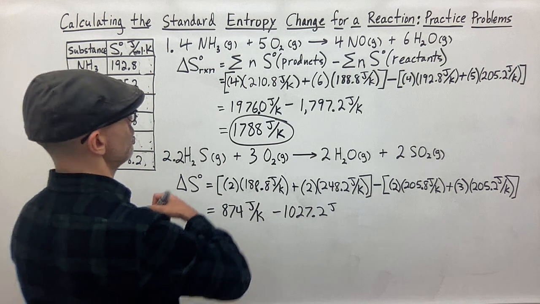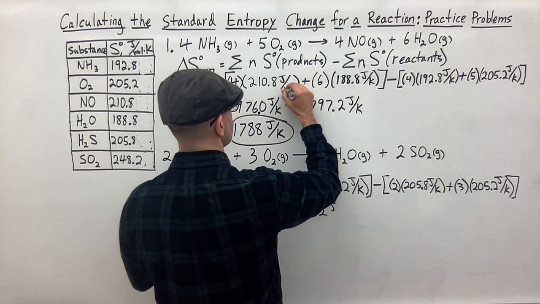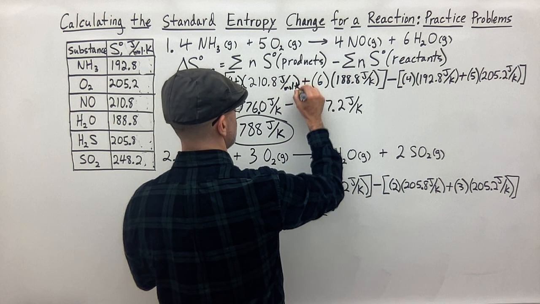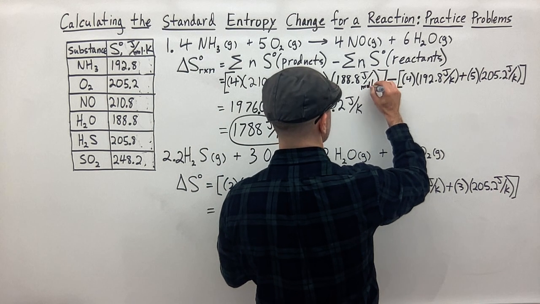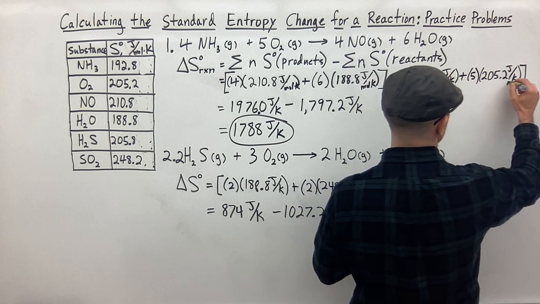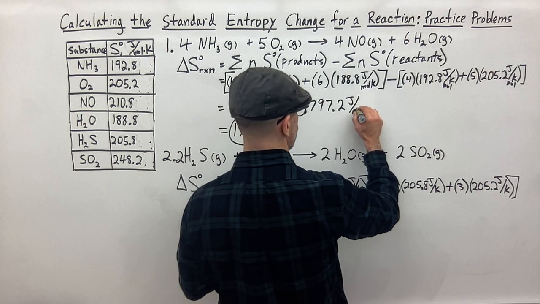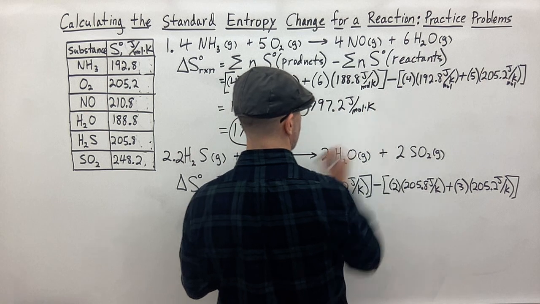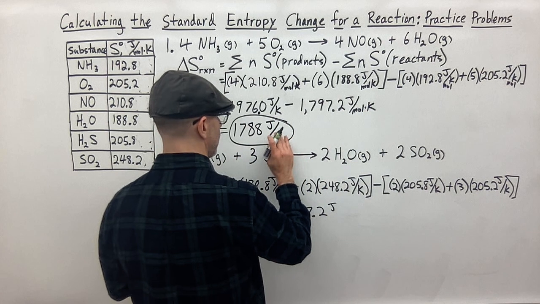And so here, this would be moles Kelvin on the bottom. So this is moles Kelvin, moles Kelvin. And so then this should be joules per mole Kelvin, which is the proper unit for your delta S. Sorry about that.